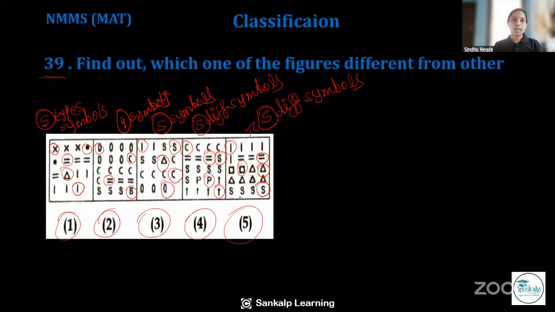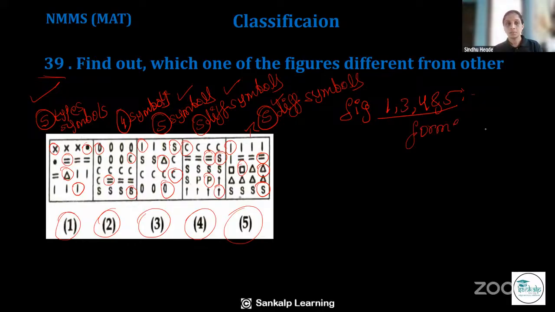So let me see that figure 1 is 5, figure 3 is 5, figure 4 is 5 and figure 5 is 5. So figure 1, 3, 4 and 5, all these figures formed with 5 different symbols.